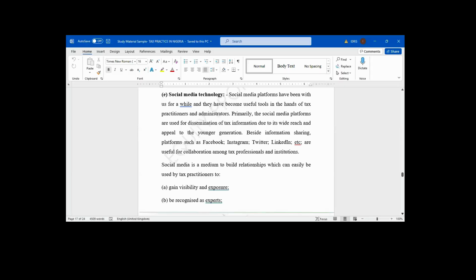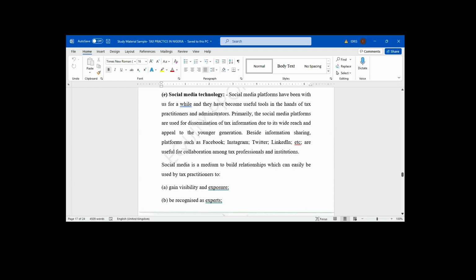If FIRS wants to remind taxpayers on the deadline for filing company income tax return, they can post it on their Twitter. Those who are following FIRS on Twitter, like me, once I see the information, I will share it to some of my clients. That information is spreading before you know.